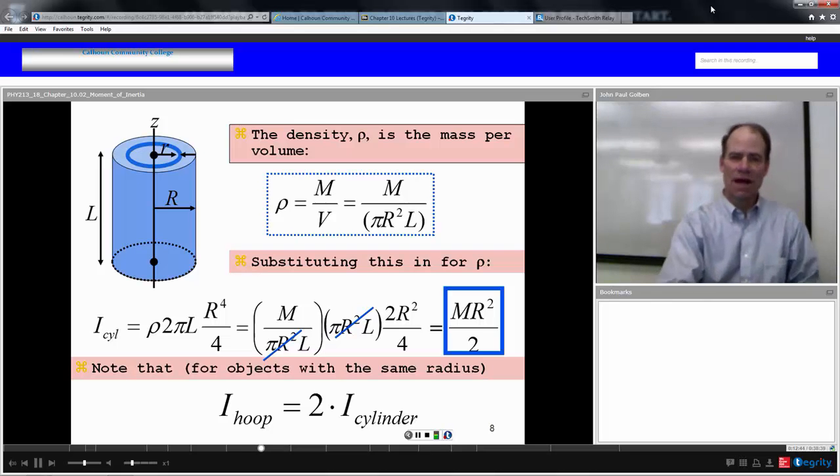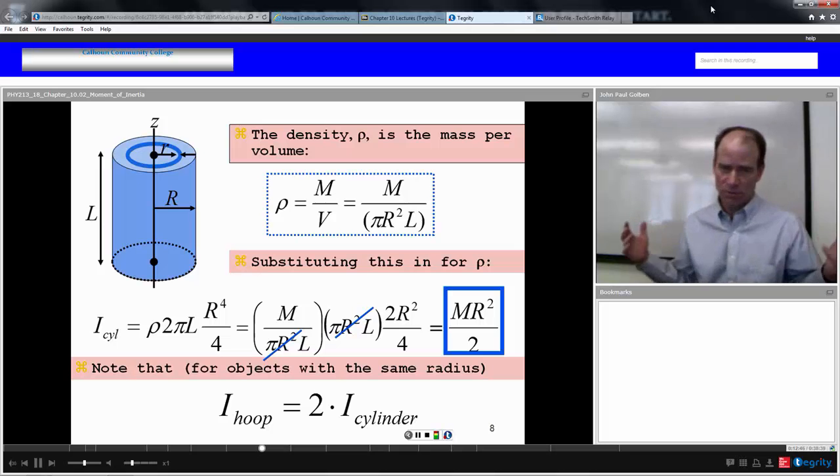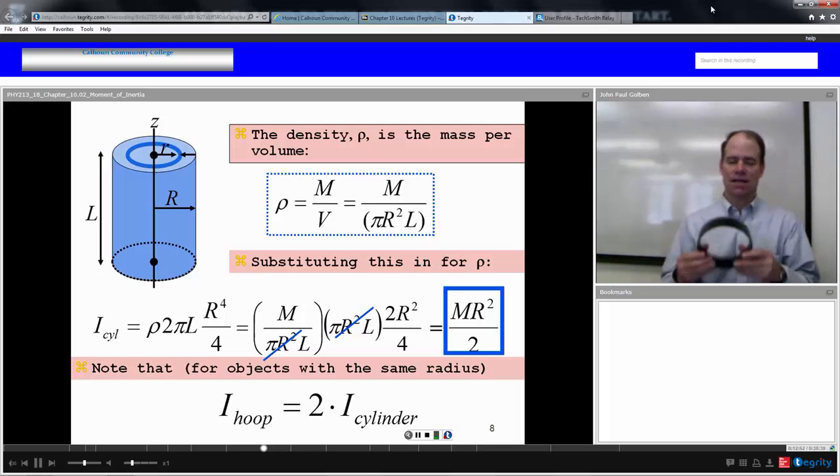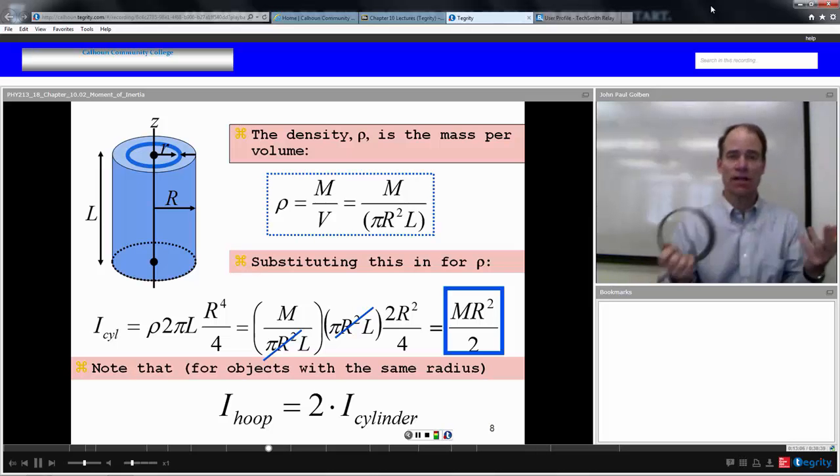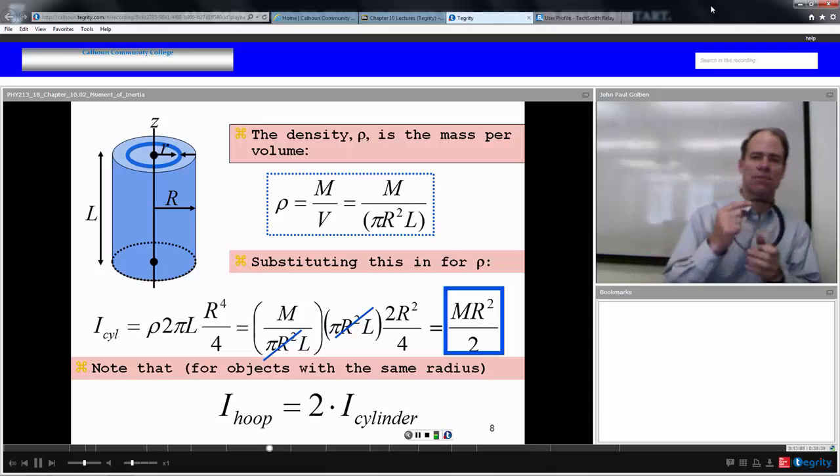If I were a bicyclist, and say I were riding in the Tour de France, maybe what I would want if I were going long distance is a wheel that looked something like this, that had a large rim and maybe not much to the interior. And what that would do is give me a large moment of inertia. It'd be hard to get up to speed, first of all, because I'd have to overcome that moment of inertia.